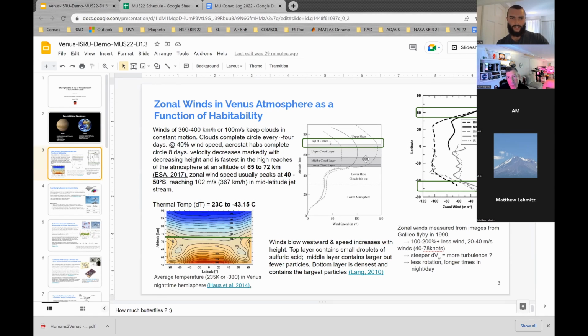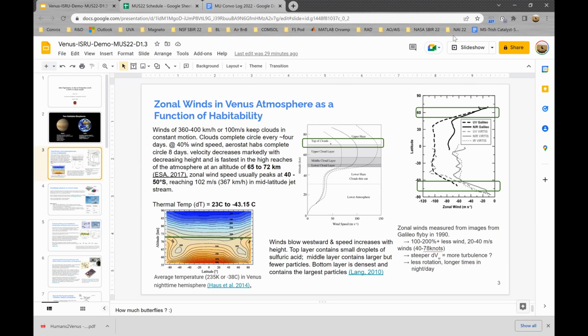So here's a slide on the zonal winds in the Venus atmosphere as a function of habitability. And one of the near-term dragons, to say, of Venus would be the high wind speeds, around 300 to 400 kilometers per hour in the cloud layer.